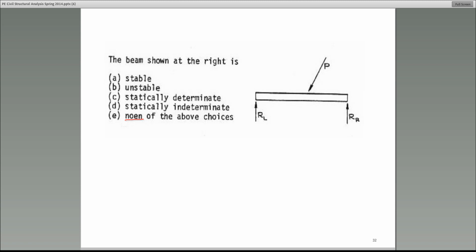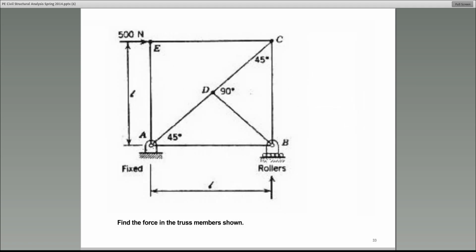Several of you are saying unstable. You're correct. This is unstable, and I'll tell you why. It is unstable because this load P that you can see is acting at an angle. Therefore, that has a reaction in the X direction, also one in the Y direction. The supports are not providing any reaction in the X direction. Therefore, that is unstable.